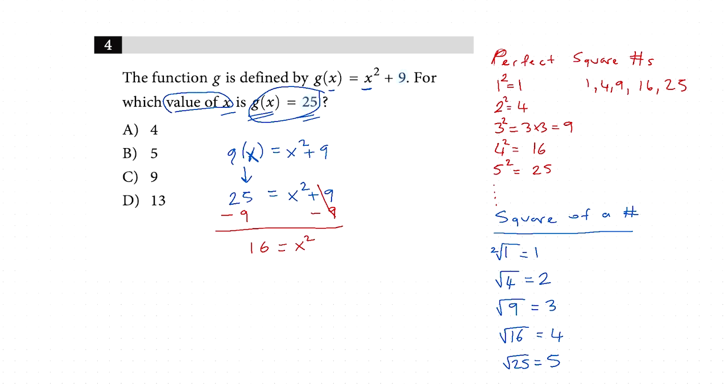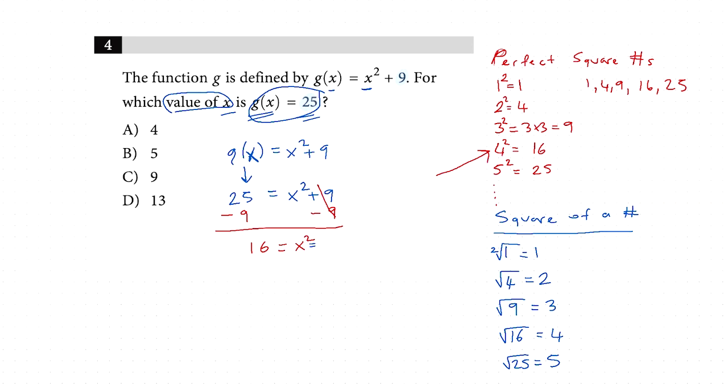Now I need to find the value of x. There are a few different ways. You can just ask yourself which number squared is equal to 16. 4 squared is equal to 16, but I'm going to use the mathematical way. I need to cancel this little 2.